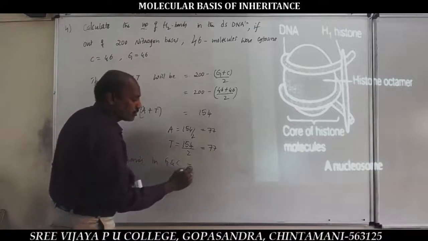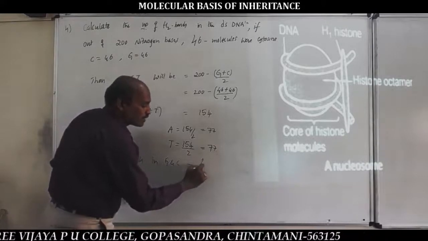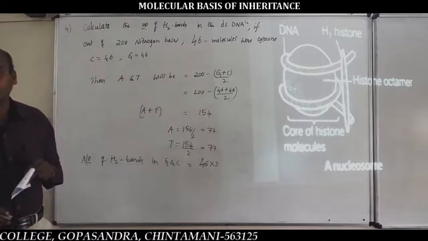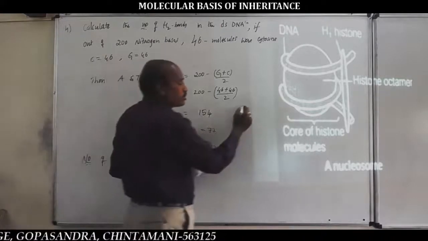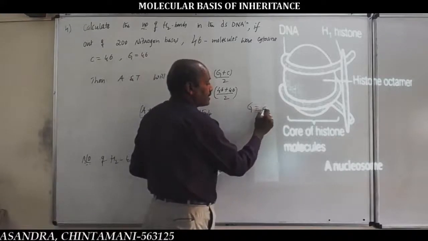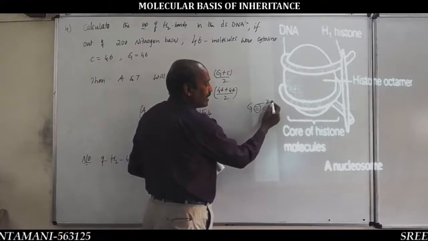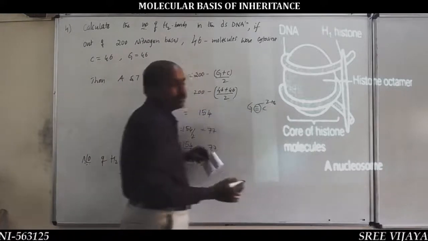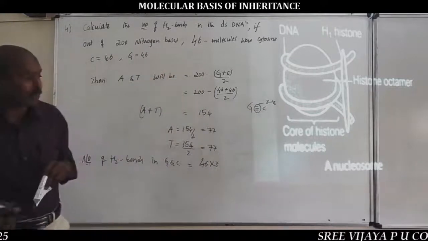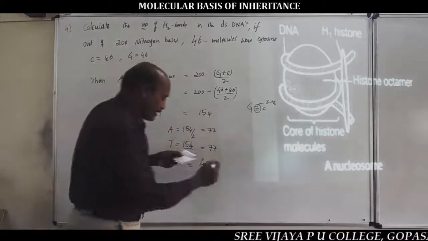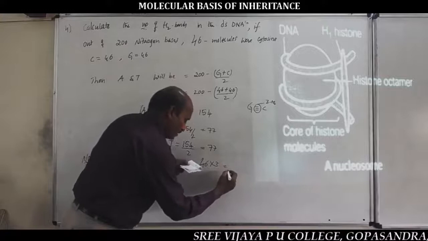That equals 46 into 3, because guanine and cytosine are connected by 3 hydrogen bonds, a triple bond. So 46 into 3, you will get 138.